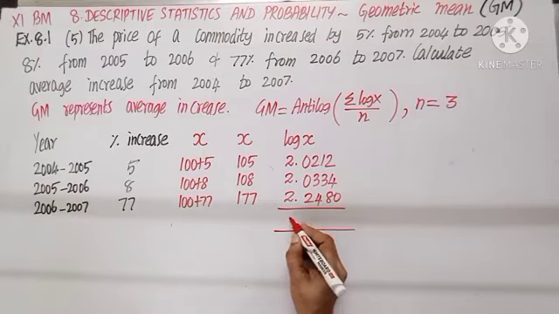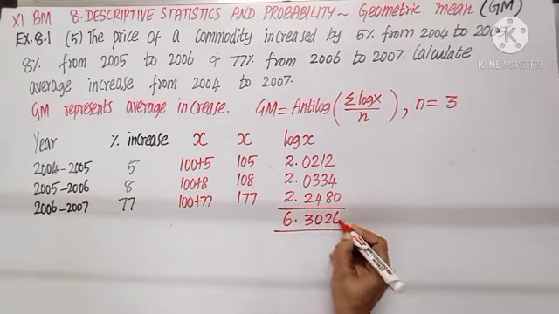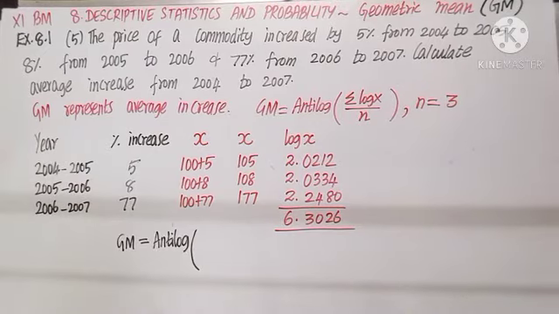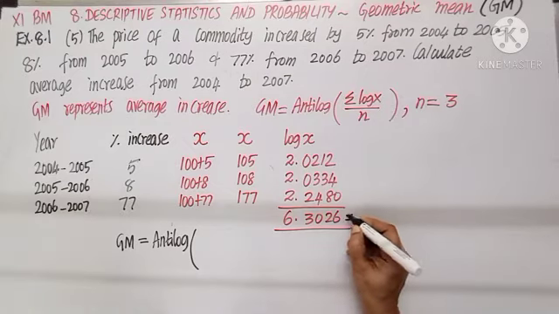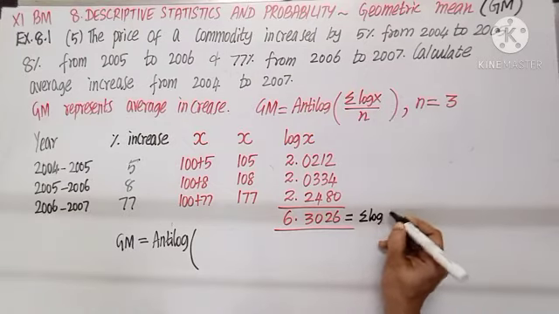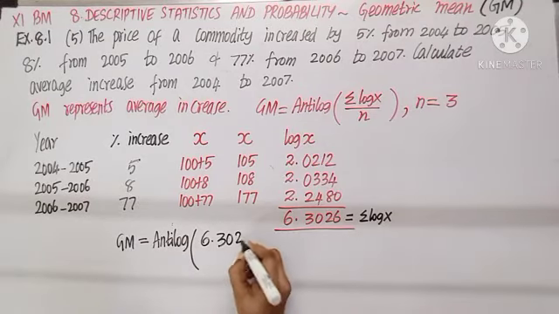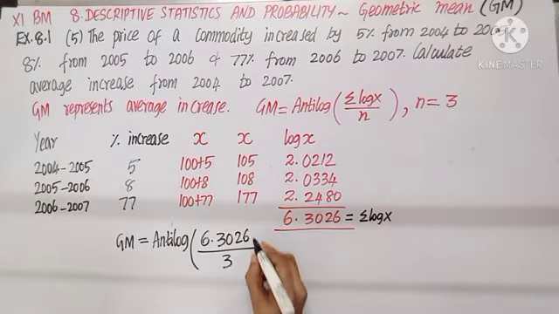It is 6.3026. Let us substitute in the formula. GM equals antilog of sigma log x. So this answer we call sigma log x. 6.3026 divided by n value is 3.